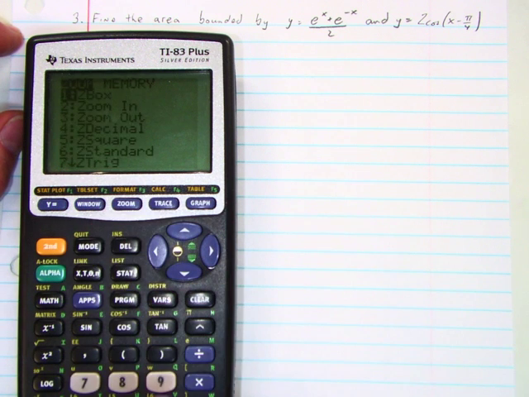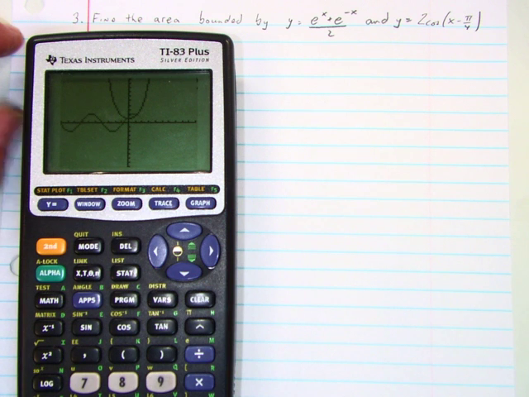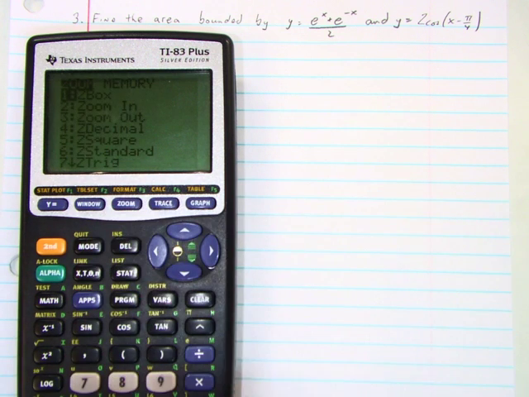And if I would have hit zoom 6, let's see what that shows. You can see that these things cross, but it is not really clear at this point. So what we could do is hit zoom 4, where it says ZDecimal, and you can get a nicer picture there.